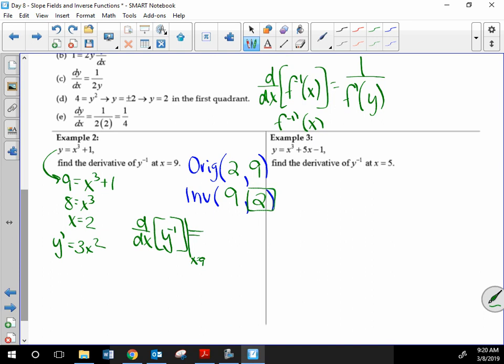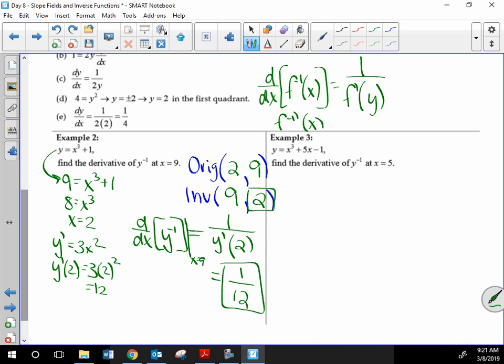According to my formula, that's just 1 over my derivative, y prime, at my y value, which is 2. All right, so we did our derivative. Let's evaluate our derivative at 2. What would that give me? 12. So this is just equal to 1 over 12. And that's it.